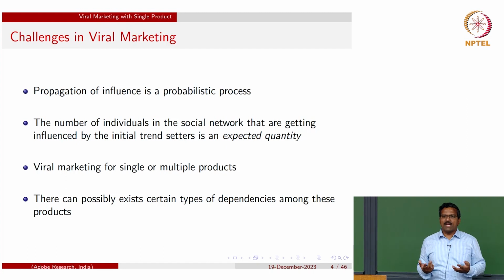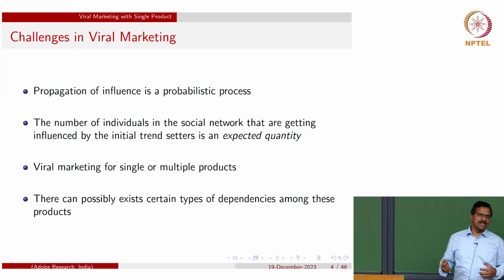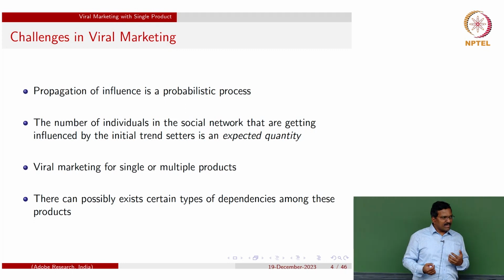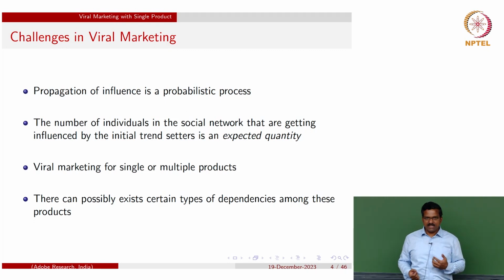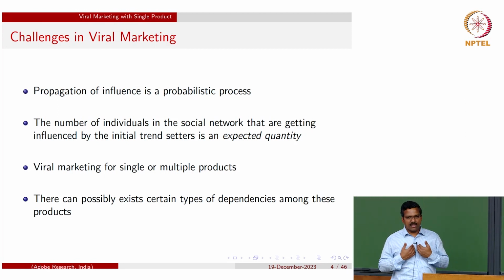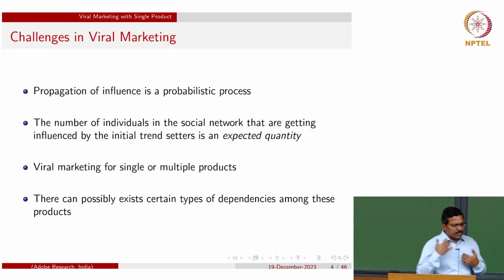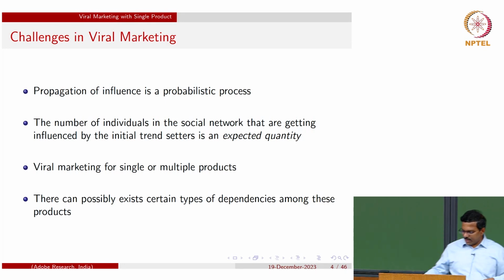They are expected to be high influencers, so they try to influence their one-hop neighbors. Some of them may get impacted by their recommendations, and they also try to buy the product. So initially these influential people buy the product. Next, due to their influence, people in their one-hop neighborhood try to buy this product.